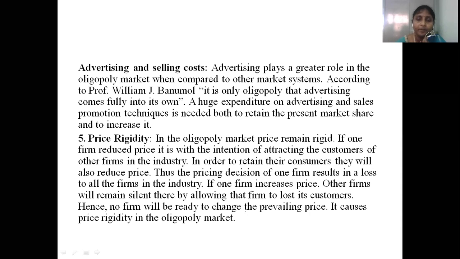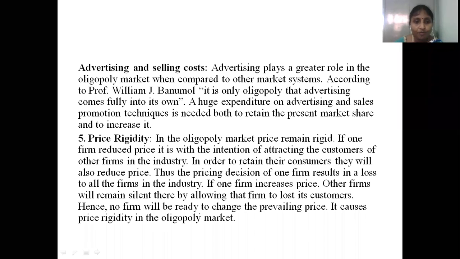For example, if X company increases its price, but the other firms do not increase theirs and remain at the previous prices, then only X is affected. With that increase of cost, it loses some customers. That is the price rigidity here.